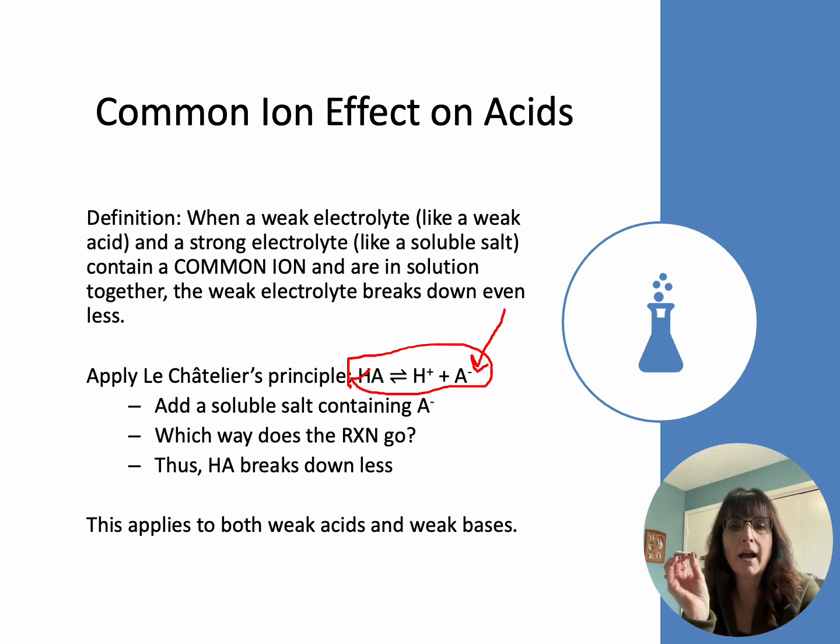So the common ion effect is simply this: if you already have an ion that is common to that equation in solution, the weak acid or weak base is going to break down less. That's what you need to know. It's not scientifically correct, but I like to think of it like this: there's already an ion in solution, there's no room for me to break down, guess I have to stay together.